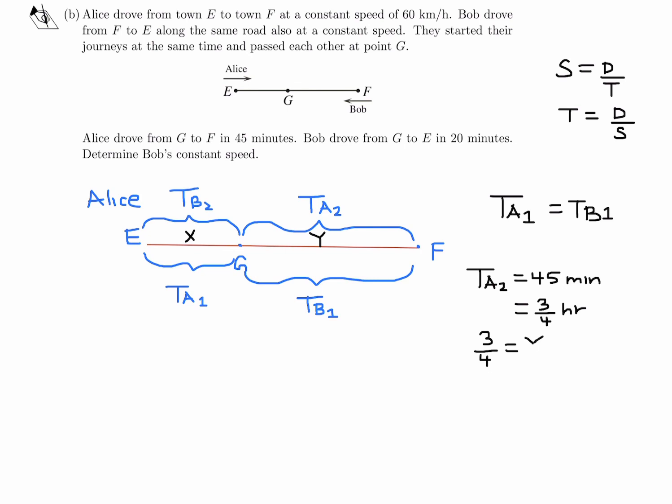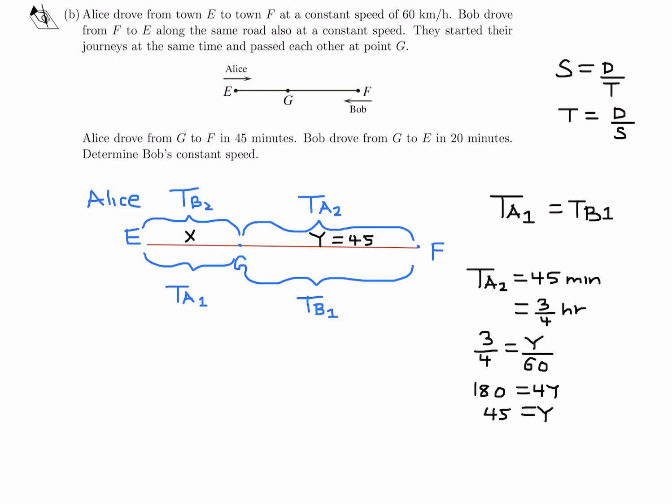So that distance is y, and the speed that Alice is going at is 60, because it's constant throughout her journey. So this allows me very quickly to figure out what is y. And it's going to be equal to 45. So there we go. I can put that in there, y is equal to 45.